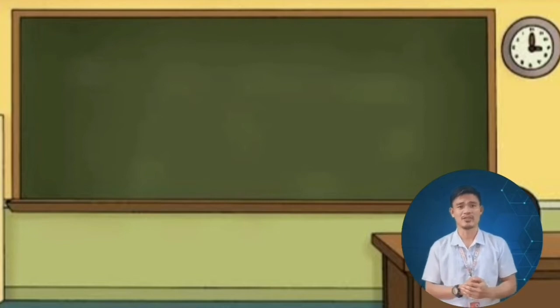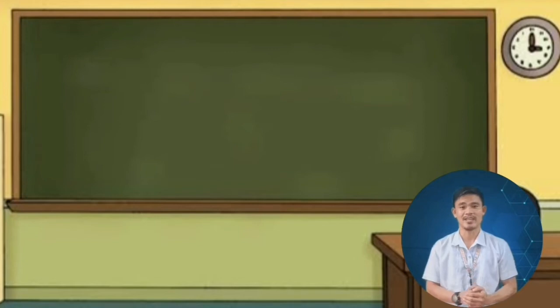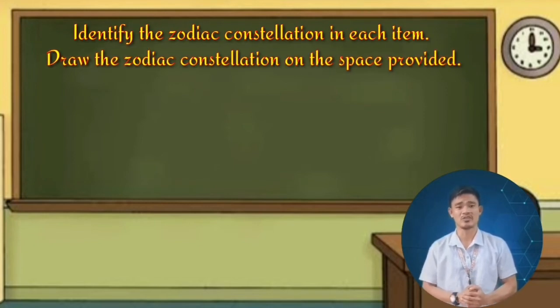At this point, we will have another exercise for me to be able to identify if you were able to get our discussion today. Let's move on to exercise number 3. Our exercise number 3 says, identify the zodiac constellation in each item. Draw the zodiac constellation or star patterns on the space provided.